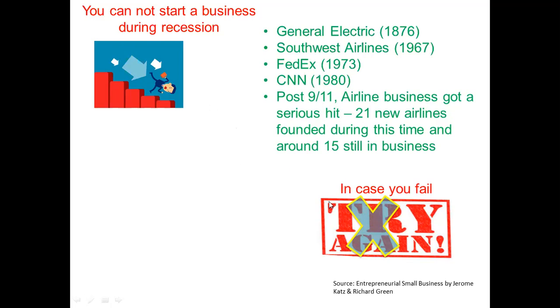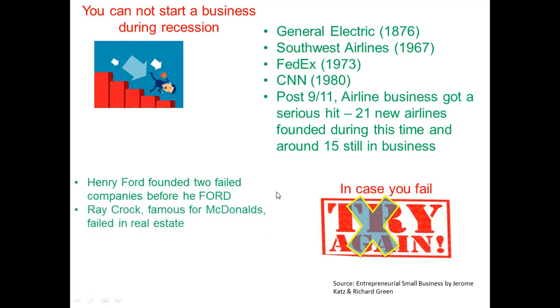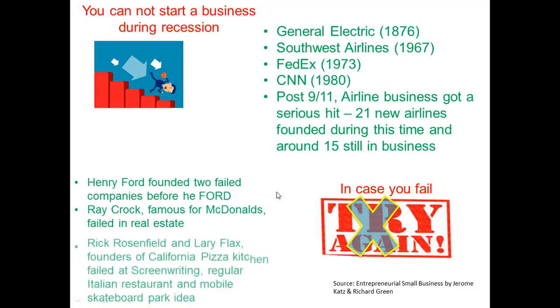Then there is another myth that if you fail once, you should not try again. So here are a few facts that can easily debunk this myth. Henry Ford founded two failed companies before Ford. Ray Kroc, famous for McDonald's, failed in real estate.